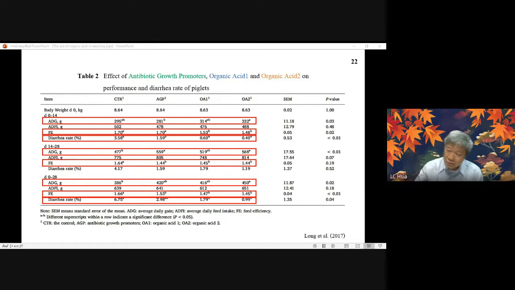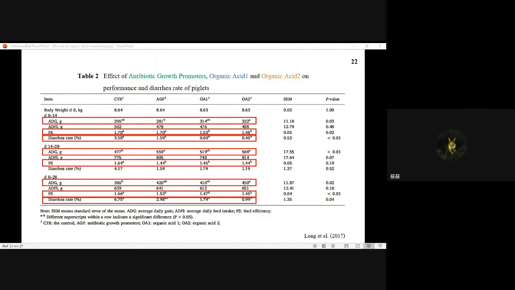Okay. Thank you. Su, what do you think? My opinion is that some types of organic acid, like citric acid or malic acid, have a more pleasant flavor.